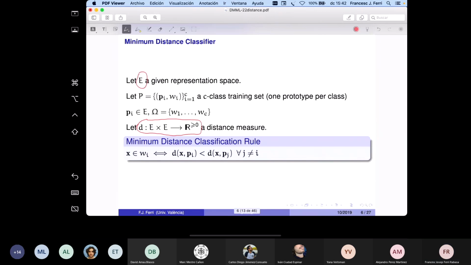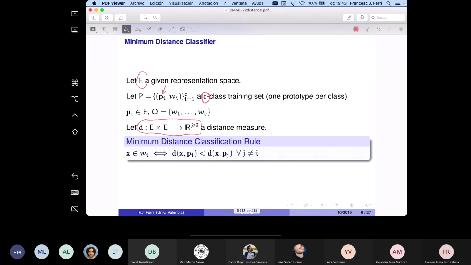It's okay? The other thing we need is to have one example for each class. So if we have C classes, then for each one of those, we have a prototype, an example, a representative. We assume that this example is truly representative of the whole class.